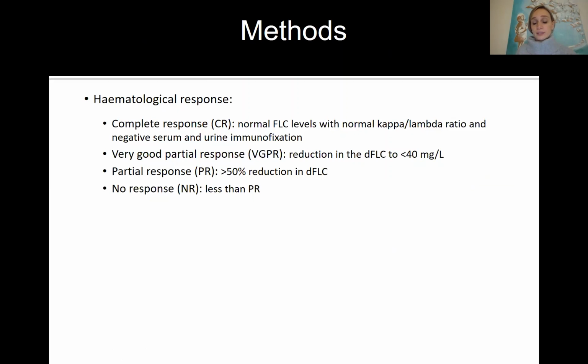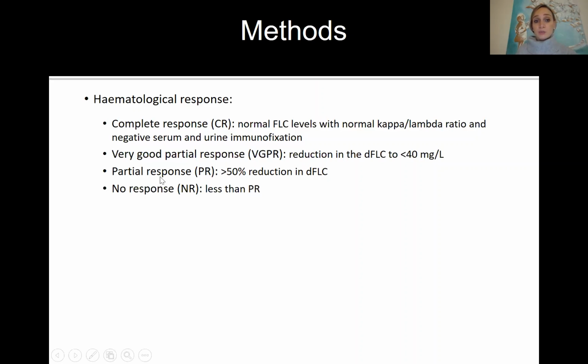We classified the hematological response in terms of reduction of the free light chains. This is very standard because the free light chains do represent the amyloid production. Then this is how we classify the hematological response. So complete response, so very good reduction in the free light chains. Very good partial response, reduction in the free light chain is still considered very good.